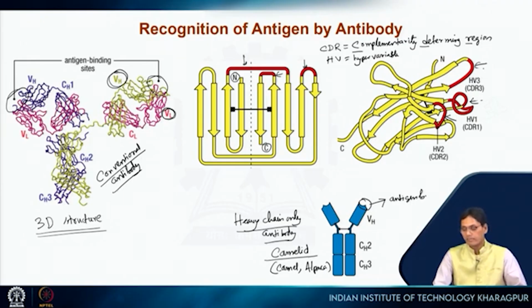So this is an antigen binding site, and similarly here is another antigen binding site. This kind of unique antibody has some relevance in terms of therapeutics. In the right time I will discuss that.